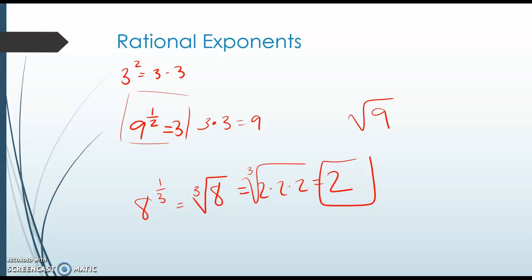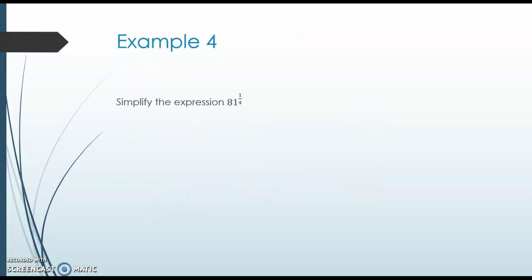All right, so real quick, if we're to simplify this expression, 81 to the 1/4 power, we're looking for the number that multiplied by itself 4 times is 81. And if you're not sure what that is, remember these lovely trees that we've been doing in class?